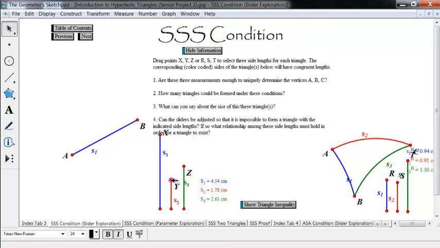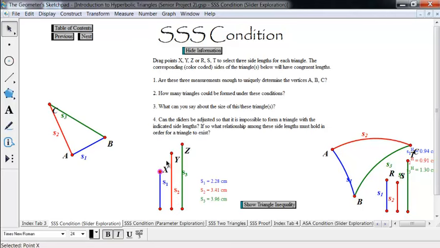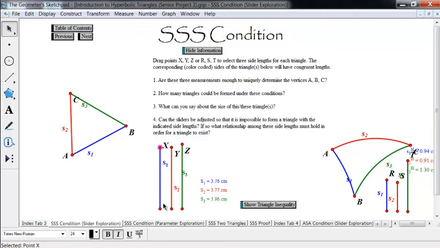And so when does this disappear? Well, it's when these two lengths here together are less than or equal to the other length. So if any two of them add up to less than the other length, there's not going to be enough. Well, it's just not going to work.